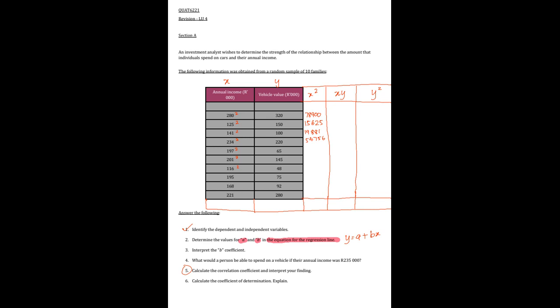Then 201 squared is 40,401. 116 squared is 13,456. 195 squared is 38,025. 168 squared is 28,224.